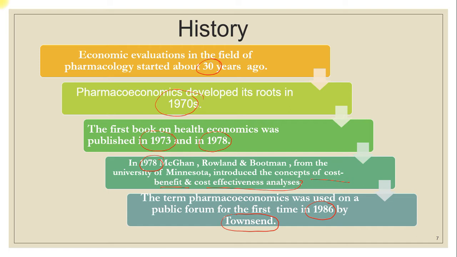Even though the books were published in 1973 and 1978, they only talked about the economics of pharmaceutical care. They didn't actually coin the term pharmacoeconomics. The term was first used by Townsend in 1986 in a public forum.